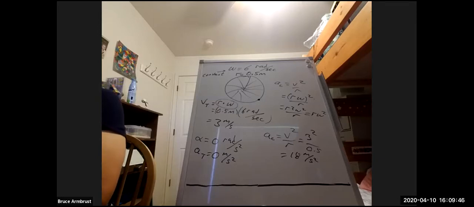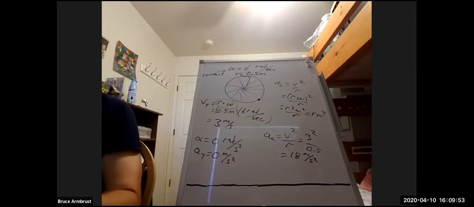All right, so there is an example of how we can use this sort of stuff to figure out what's going on with a rotating object. If we picked another point, like if, say the radius was still 0.5 meters, but we picked another point, we would have to change the radius, right? Correct.